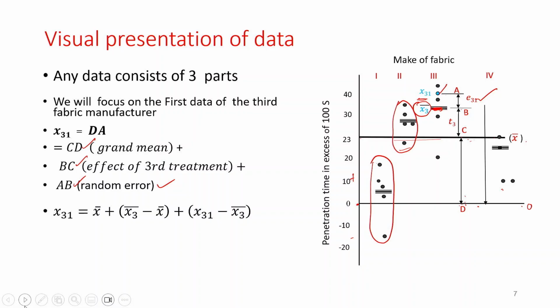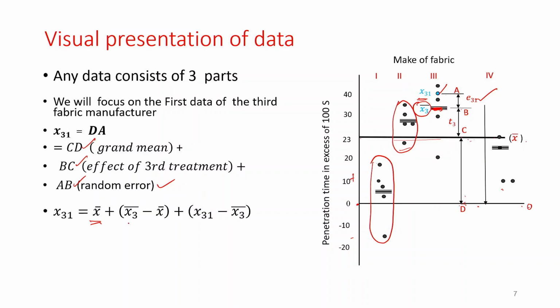So therefore X31 can be written as the sum of CD plus BC plus AB. So CD is how much? CD is basically x bar. From here to there, the distance is how much? X bar minus 0, so it is x bar. Then BC is how much?